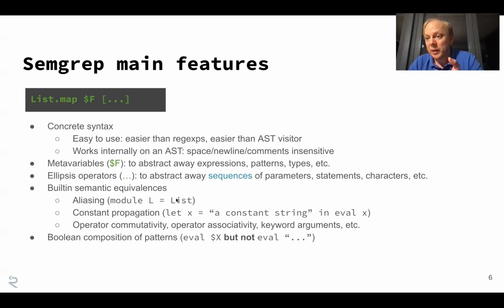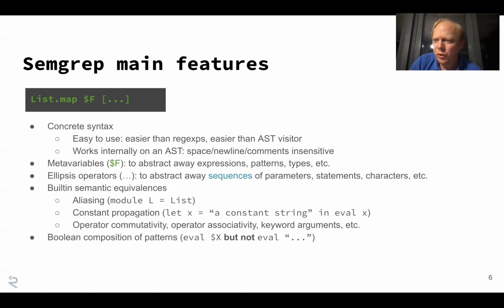Semgrep knows about this equivalence. So if you write L.map, we will still find a match even if the pattern is list.map, because syntactically they are different, but semantically they are the same. And so the tool knows a lot about semantic equivalence.